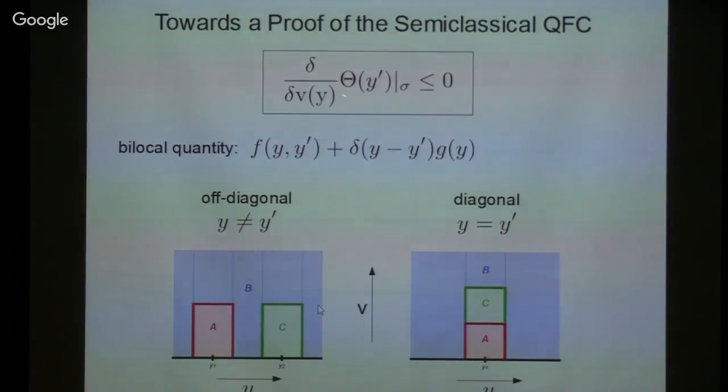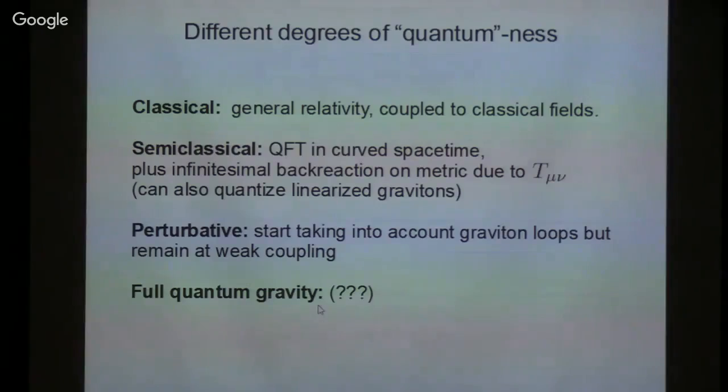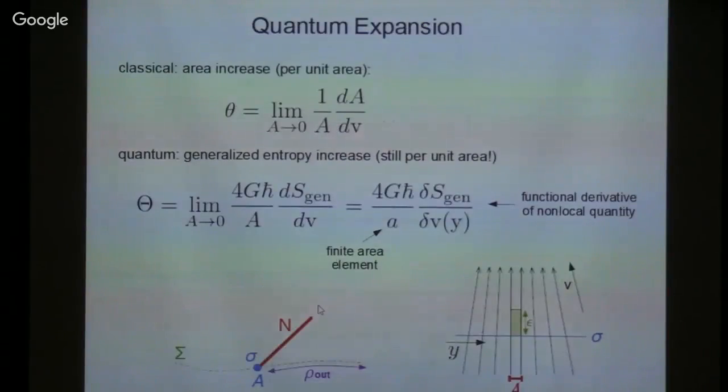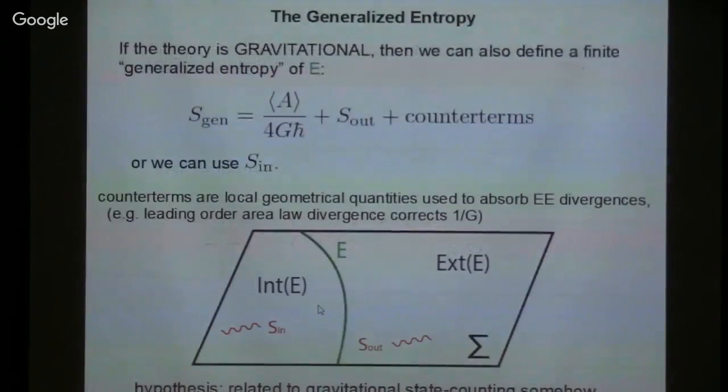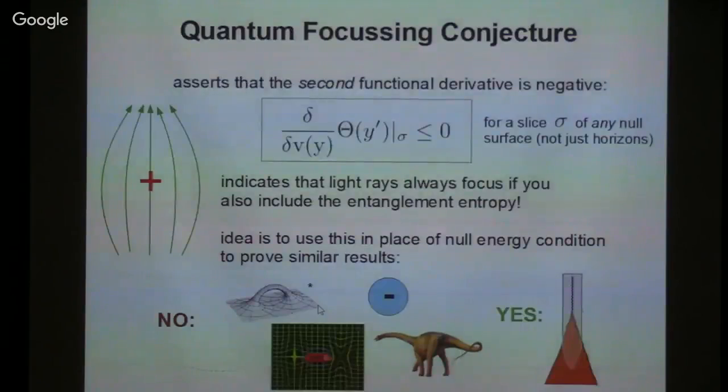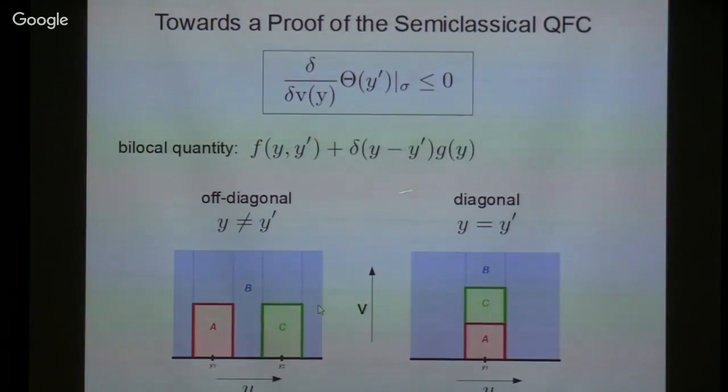It's bilocal because you take two functional derivatives that could be at two different places on the null surface. But it also has a contact term, a piece that's just proportional to a delta function that's local. You can see that such a local thing would have to be there because part of this thing is just the area. And the area piece is just local, and so any changes to the area piece are purely geometrical.